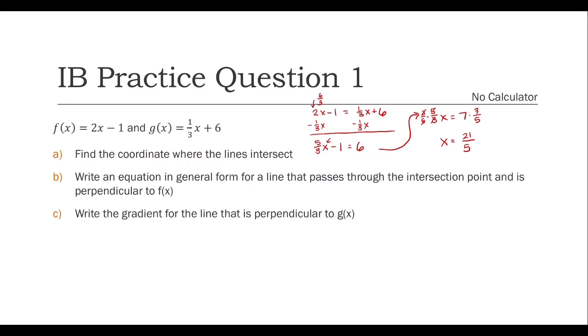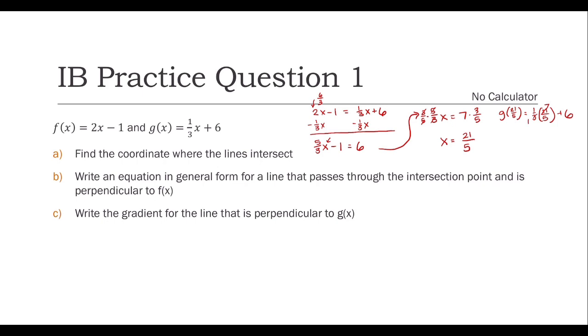So we can do that by plugging x into either f of x or g of x. So I'll go ahead and plug it into g of x. So we have g of 21 over 5 equals 1/3 times 21 over 5 plus 6. So we can go ahead and simplify the 21 and the 3 to a 7 and 1.